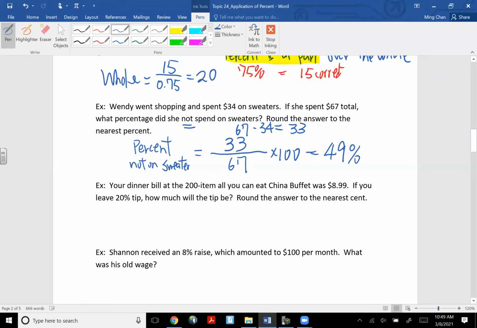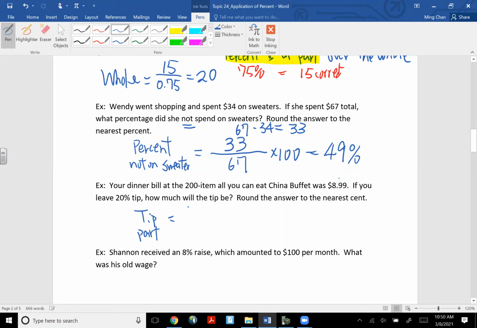All right, your dinner bill at an all you can eat China buffet was $8.99, right? So your whole bill, $8.99. If you leave 20% tip, how much would the tip be? Tip is part of what we eat, right? We leave tip based on what we eat. So the tip has got to be the part.